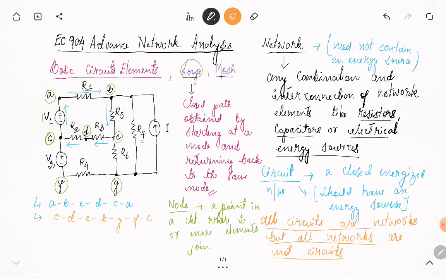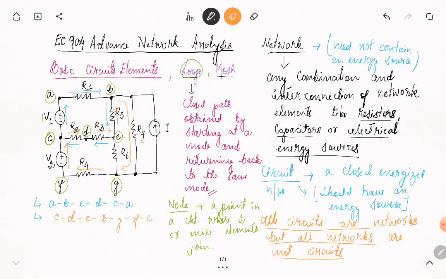It starts from C to D, then D to E, then E to B, then it is going to G, then to F, and returning back to the starting node, that is C. So this is one example of a loop.